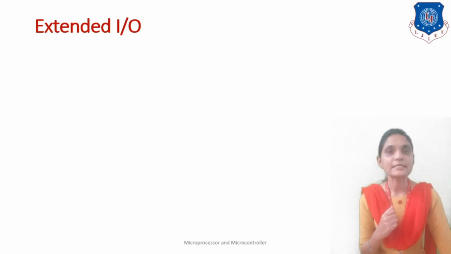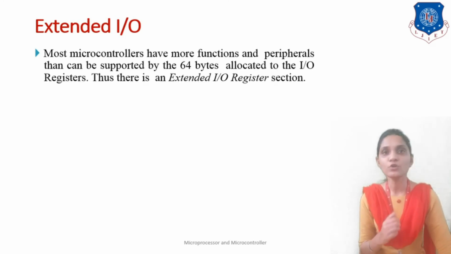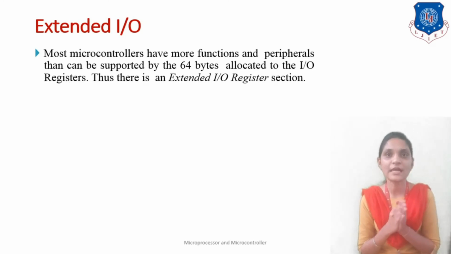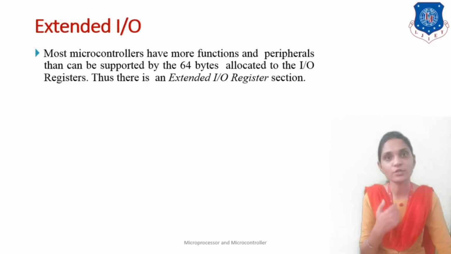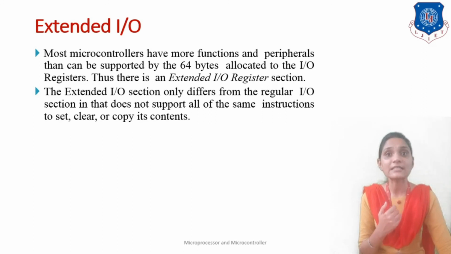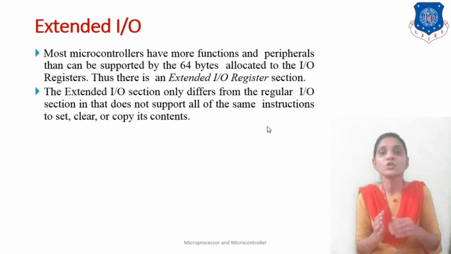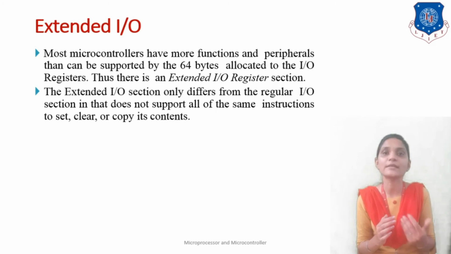Next we will see the extended I/O. Most controllers have more functions and peripherals than can be supported by the 64 bytes allocated to the I/O registers. Thus, there is the extended I/O register section which you can use for I/O operations. The extended I/O section only differs from the regular I/O section in that it does not support all of the instructions to set, clear or copy its content.